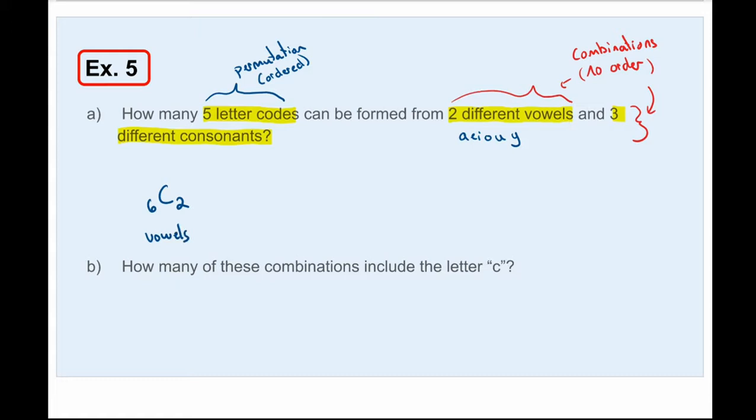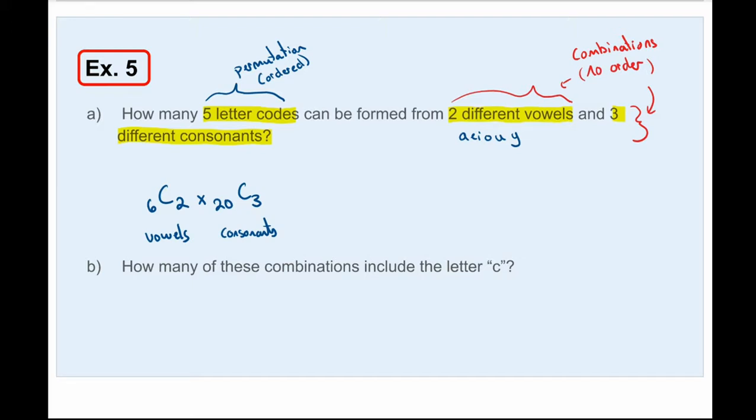Because we have 6 vowels, we're choosing 2 of them. We're going to multiply that by how many consonants do we have? Well, 20 choose 3. 20 consonants choosing 3 of them.